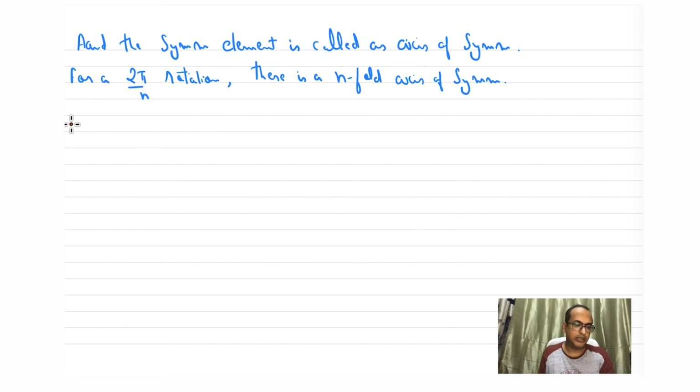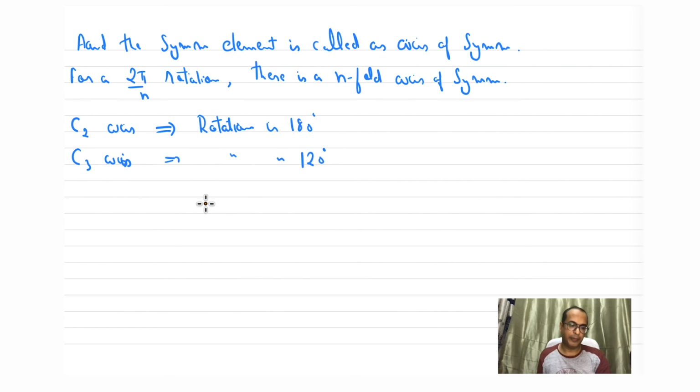If we say that there is a C2 axis, this would imply that the rotation is, yes, you guessed it right, 180 degrees, right? 2 pi by n, so 2 pi by 2 is 180 degrees. If there is a C3 axis present, the rotation is, tell me, 120 degrees, right?